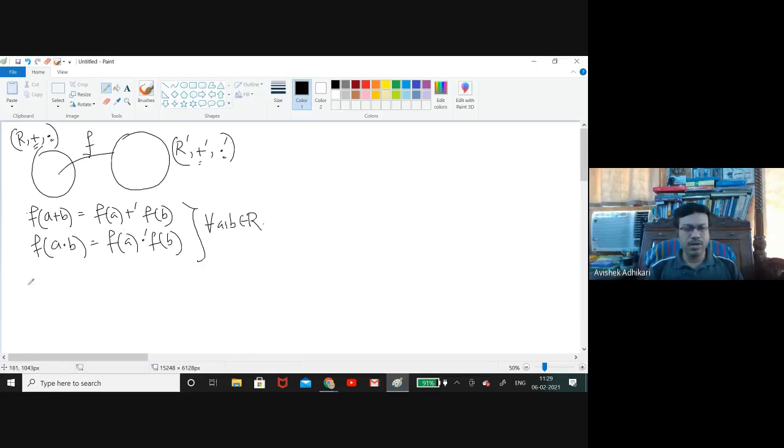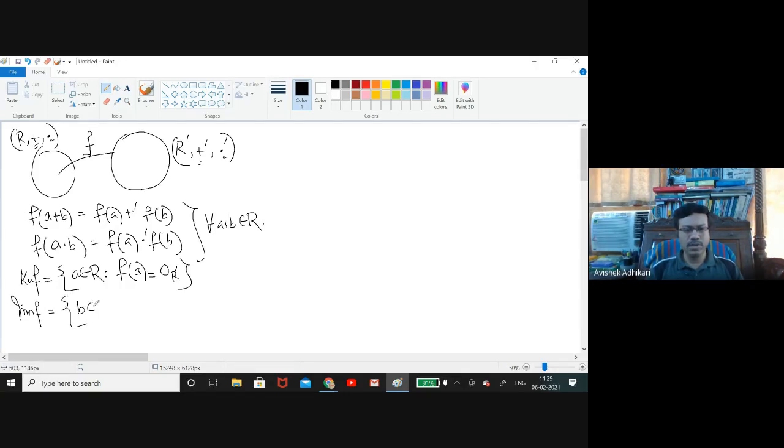A few important terms, like kernel of f. If we have a homomorphism, then we have a kernel of f. So what is kernel of f? All such elements a belonging to R such that f of a goes to the zero element of R dashed. So that's the kernel. There is another important term known as image of f. So what is image of f?